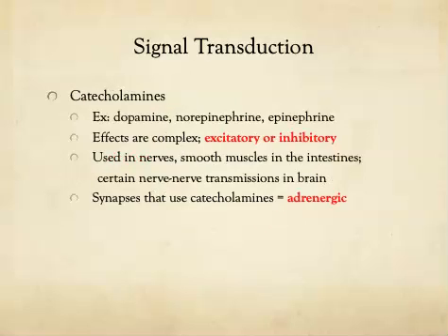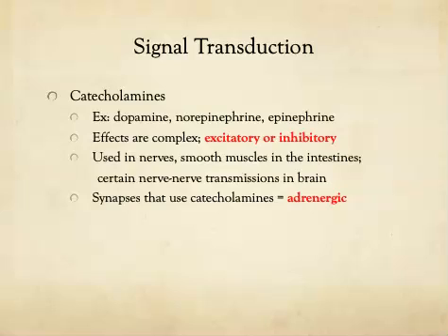The catecholamine group, remember, includes dopamine, norepinephrine, and epinephrine. Now, this group of neurotransmitters is a little more complex in its effects. Depending on the synapse, they can be either excitatory or inhibitory in their action. You find catecholamines in chemical synapses between neurons, so neuron to neuron.